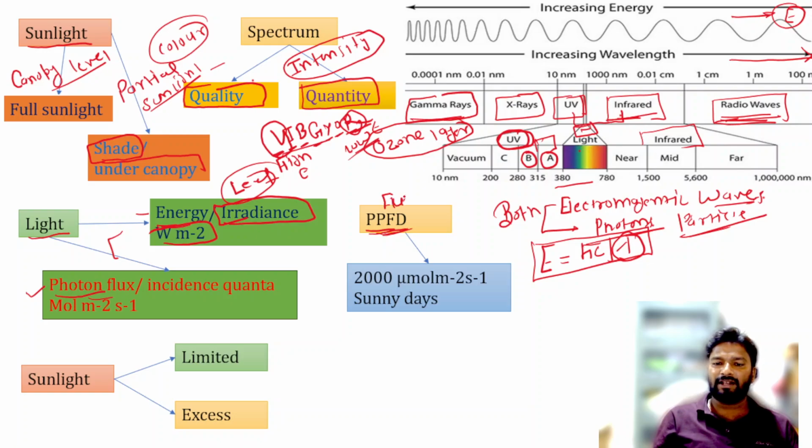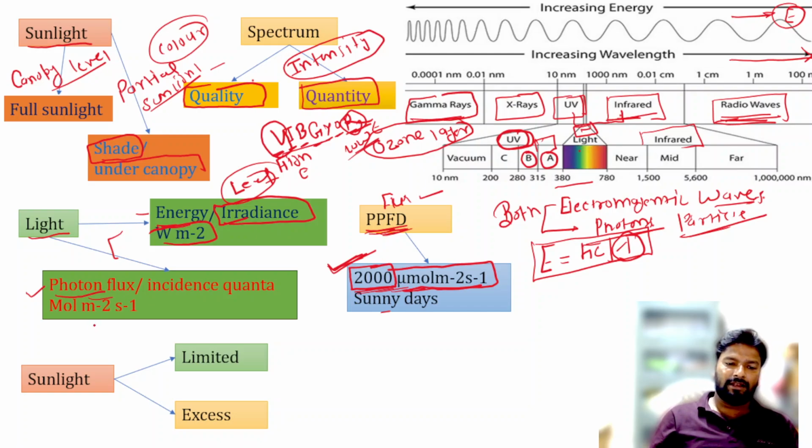Generally during sunny days we are getting 2000 micromole per meter square per second. So this can be asked in the objectives, how much we get on sunny days.